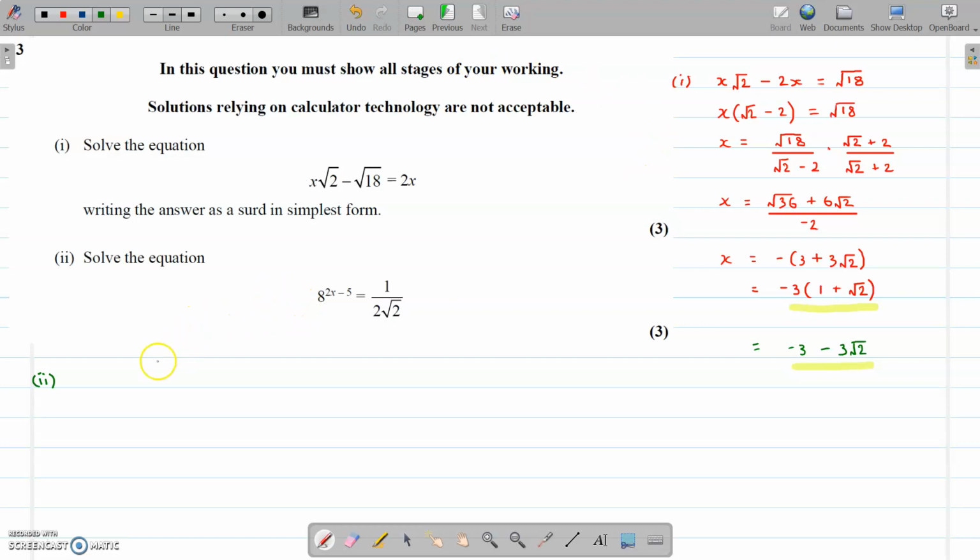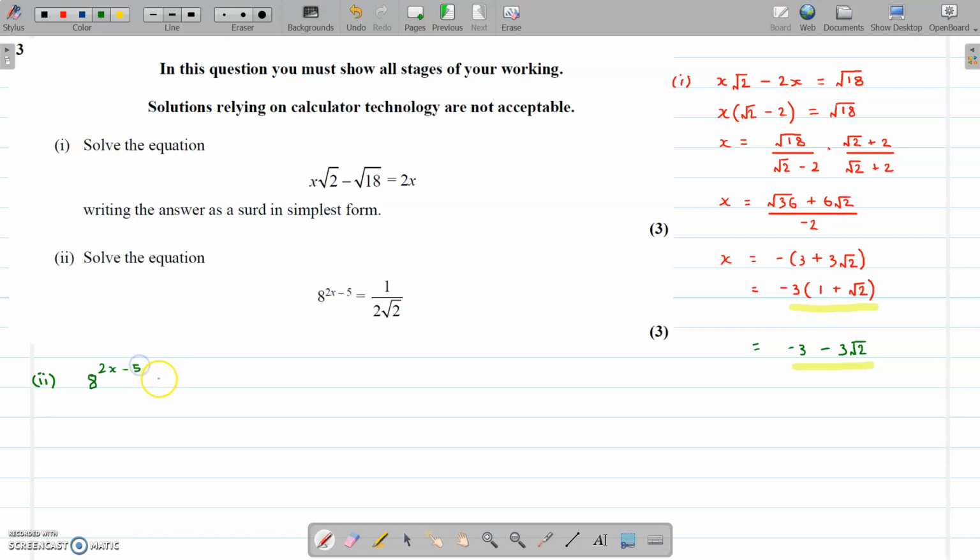So I want to use a more conventional method, and actually this is quite a simple question if you spot that 8 is the same as 2 cubed. Because what you've really got here is this, haven't you? You've got 8 to the power of 2x minus 5.